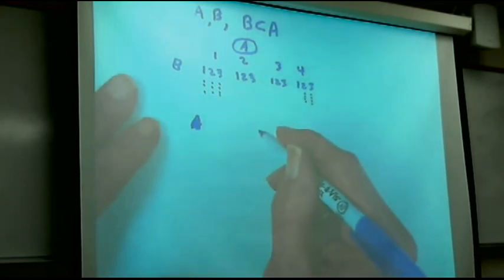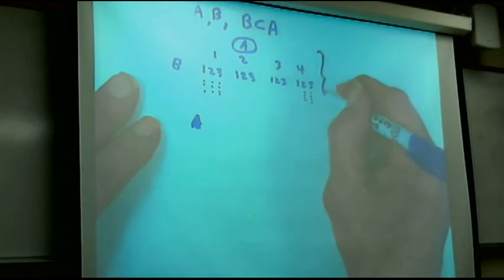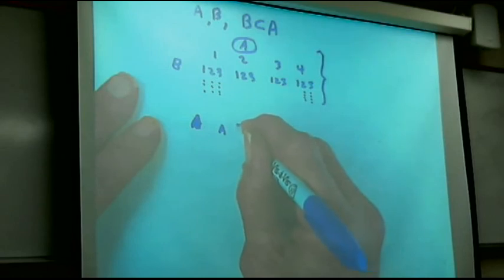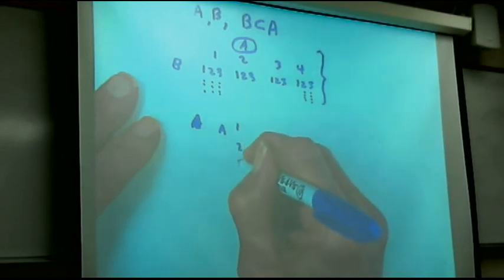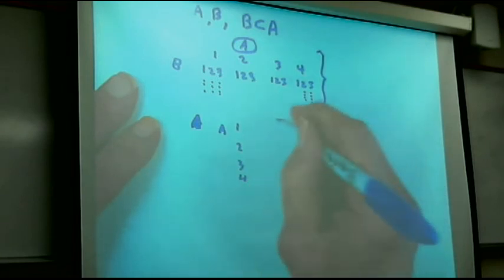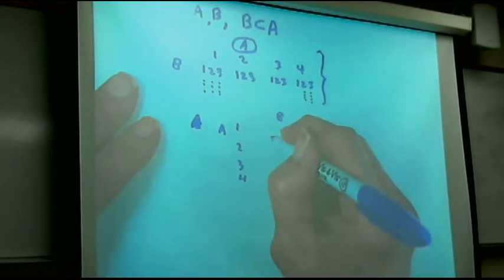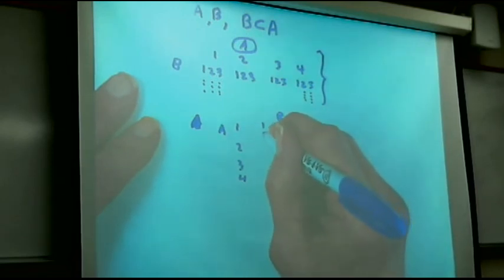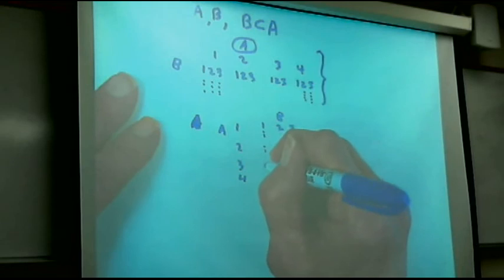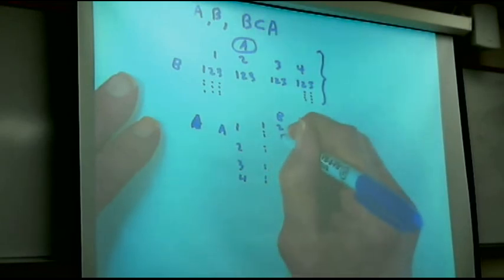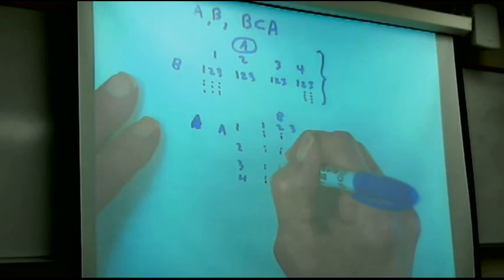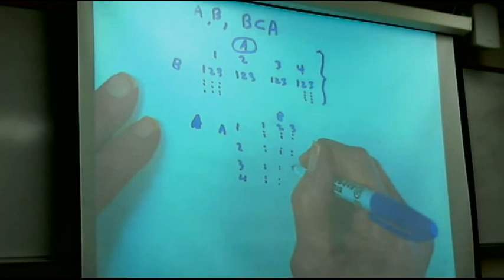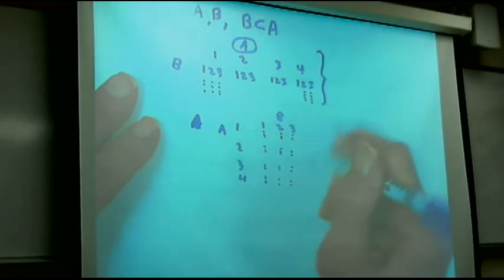Take this layout that I have here and I twist it around, I could put A on the rows, A equals 1, 2, 3, 4. And then I could put B on the top, 1, 2, 3. And then there would be some data in each of these cells. This is the way I wanted to write it. So let me switch it around so that A is in the row position.